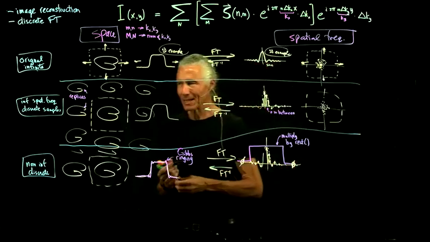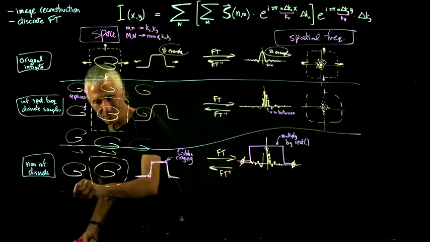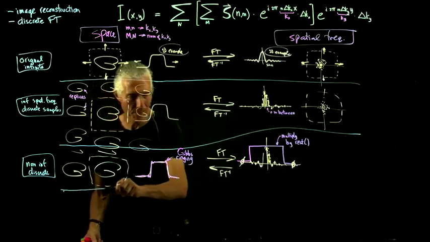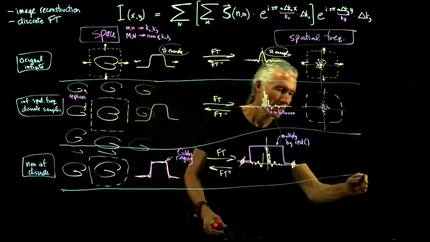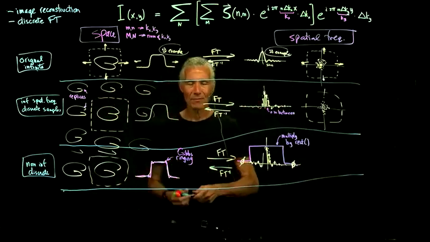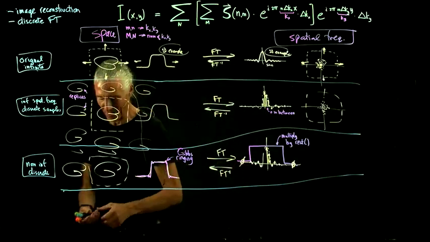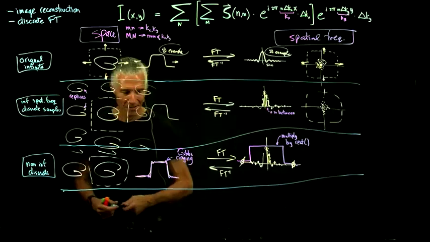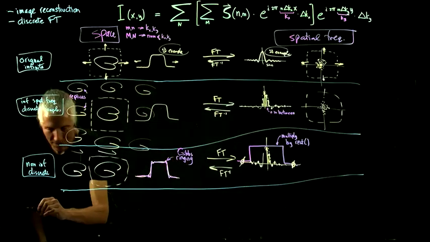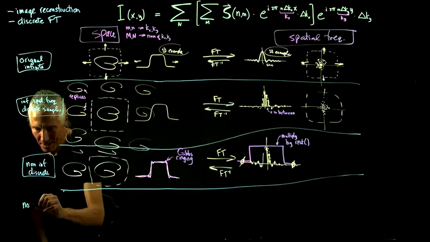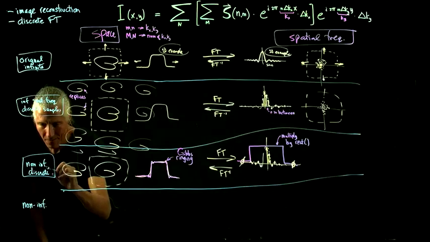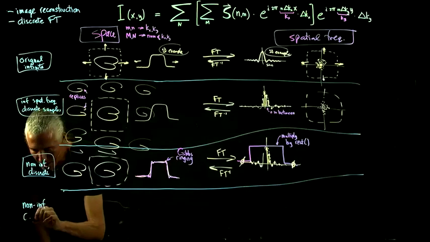So, last but not least, what happens if we don't sample rapidly enough in K-space? This is getting to the really counterintuitive part. So, non-infinite and discrete.